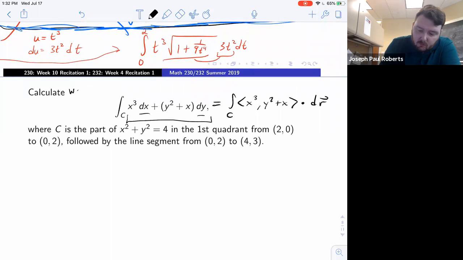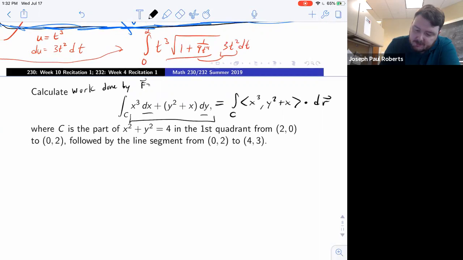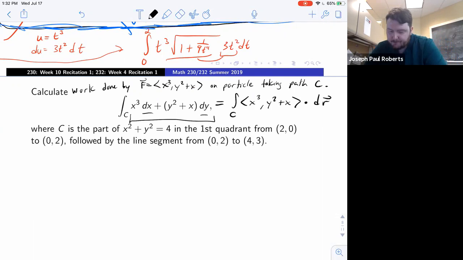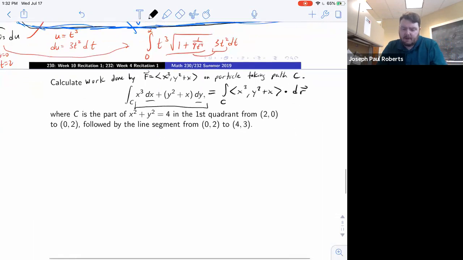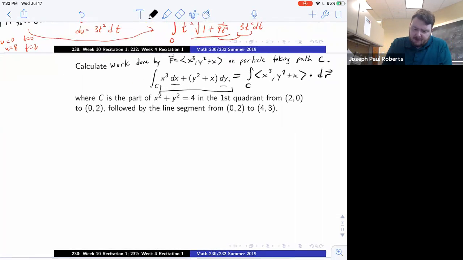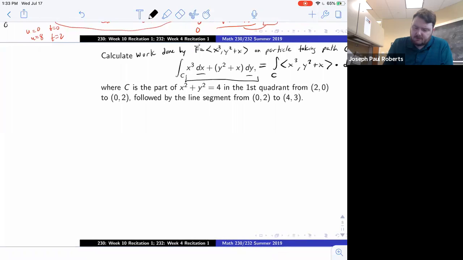Well, the vector field x cubed comma y squared plus x. So we're calculating the work done by the force x cubed, y squared plus x on a particle taking path C. Okay, so this one we're going to have to break it into two pieces. So let's start thinking about this picture.